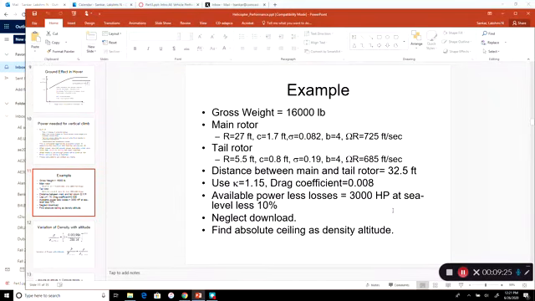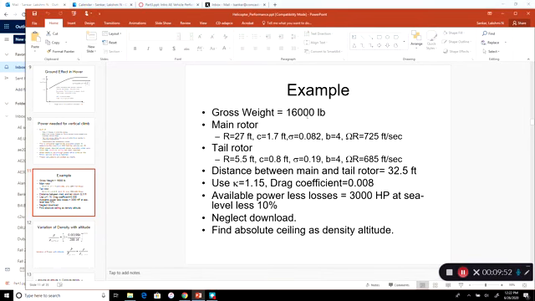So let's do a quick example. This is like a helicopter, like a Black Hawk. The rotor radius is 27 feet, gross weight is 16,000 pounds. These are the various parameters: main rotor chord, solidity, number of blades, RPM, and the velocity of the tip. The distance between the main rotor and tail rotor shafts is given as 32.5 feet.